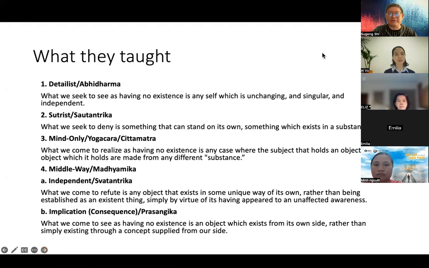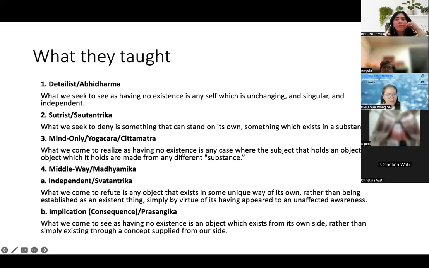Now, I want to go through this. This is more difficult but more fun. So this is all the definition of emptiness according to different schools. And when we say definition of emptiness, you will be able to understand the gacha of each school.